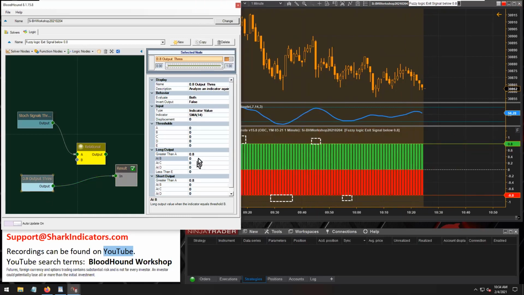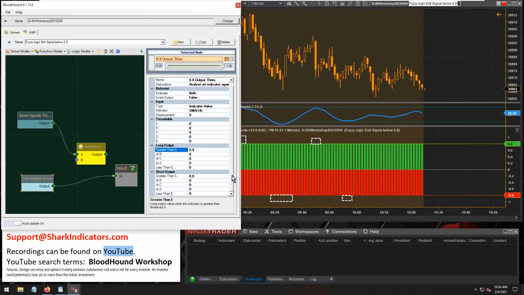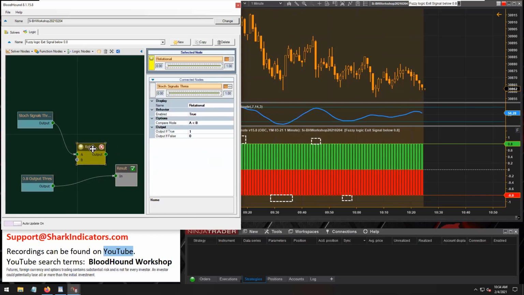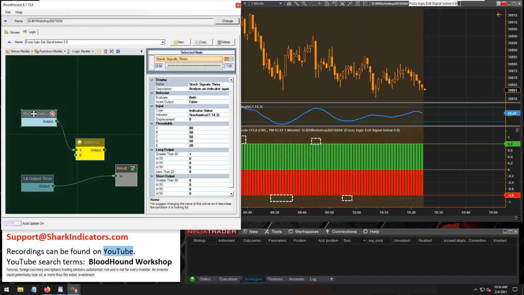The reason why is that for the long output, I put in 0.8 instead of 1. Normally, you're going to want to put 1 in here. But for our special unique case, I need a way for our relational node to compare our fuzzy logic entry signal to that 0.8 value.